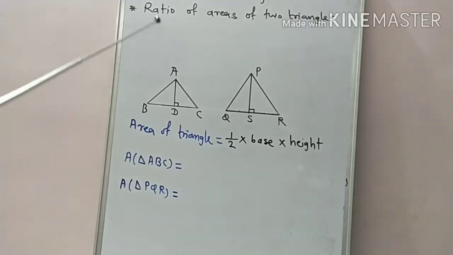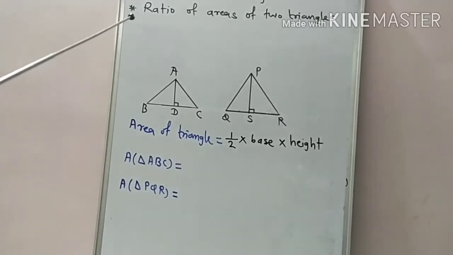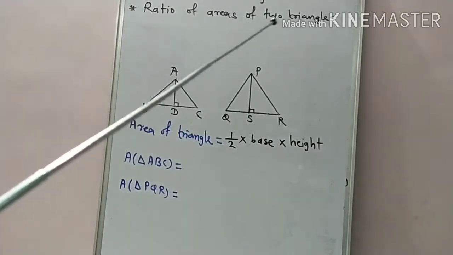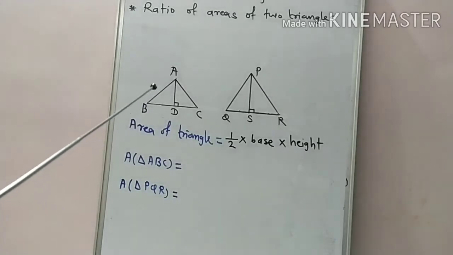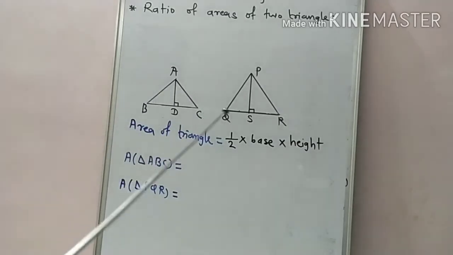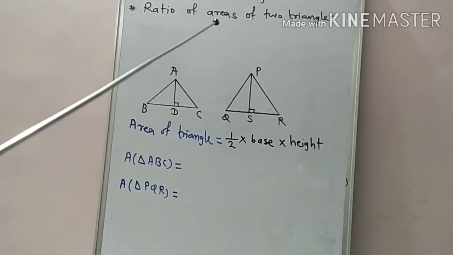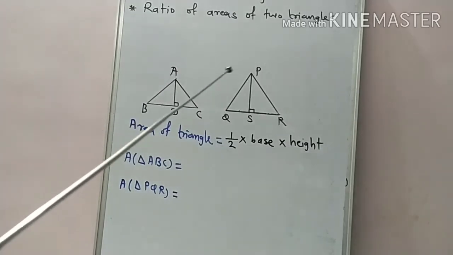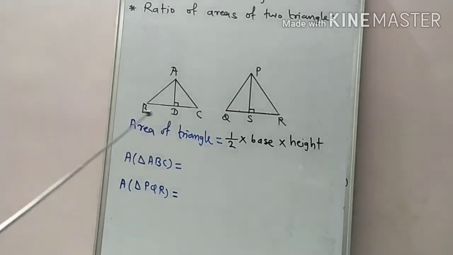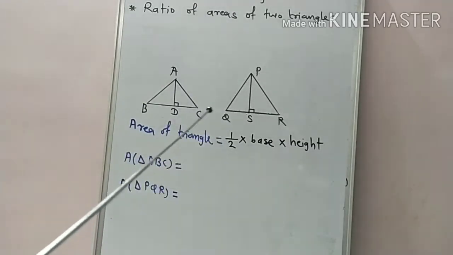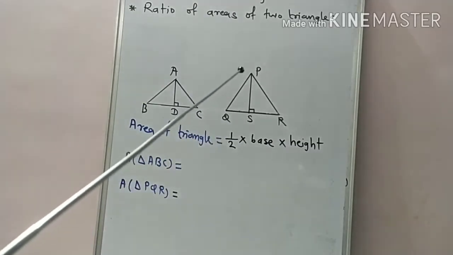Why do we write down the areas of two triangles? Because we have to find the ratio of areas of two triangles, and hence we draw these two triangles, triangle ABC and triangle PQR. We have to find their areas. So we draw two perpendiculars, AD on BC in triangle ABC and PS on QR in triangle PQR.